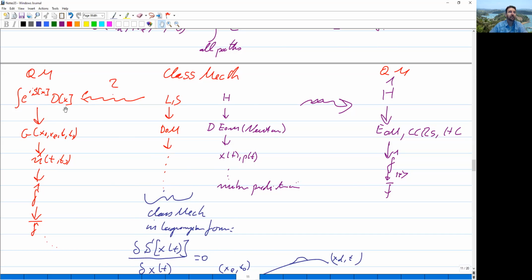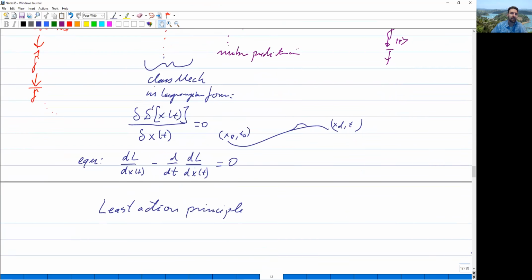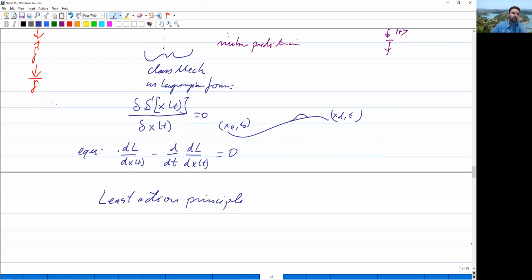So they reinforce each other, they add up in the path integral. So the dominant contribution comes from that bunch of paths which have the most similar action. And those are the paths around that path which has the extremal action. And now we see that the least action principle should really be called the critical action principle.